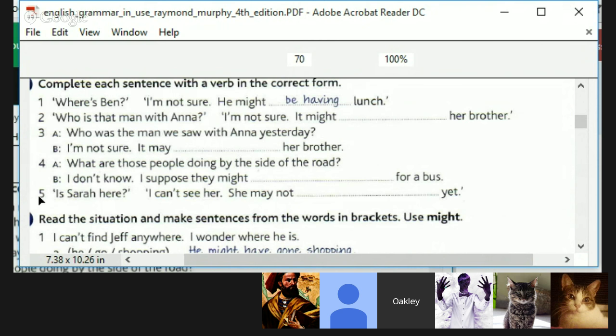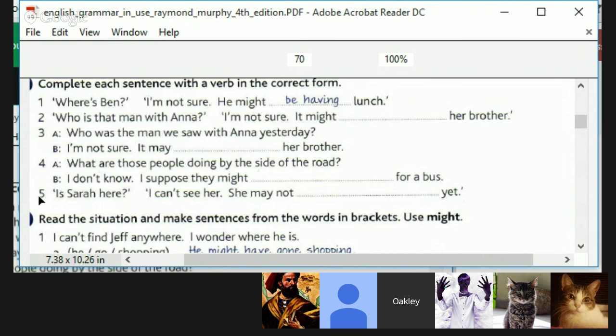Is Sarah here? I can't see her. She might not be here yet.